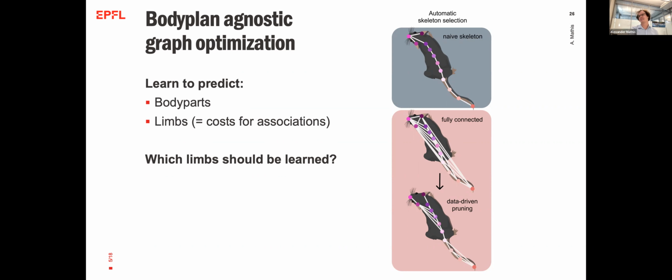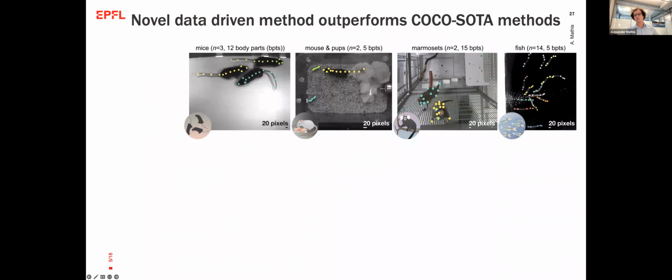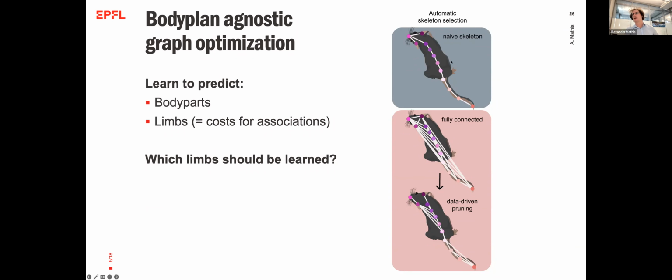Let me give you an example with this mouse. If you were to give exactly this skeleton, the naive skeleton, and because these are usually social animals where one climbs on top of the other, if there's another animal on top of this one, then this prediction cannot be done because there is another animal right on top.